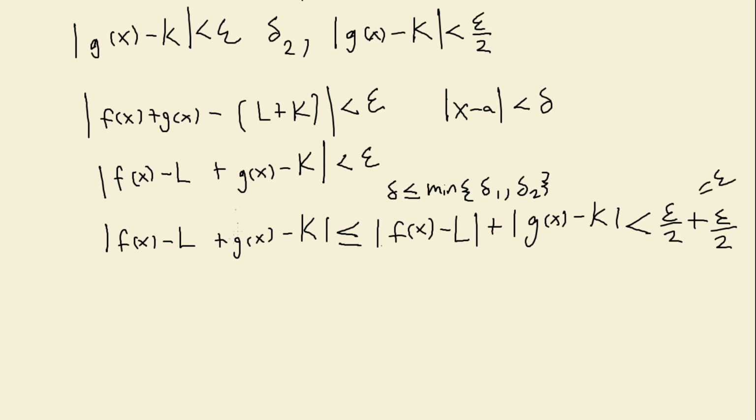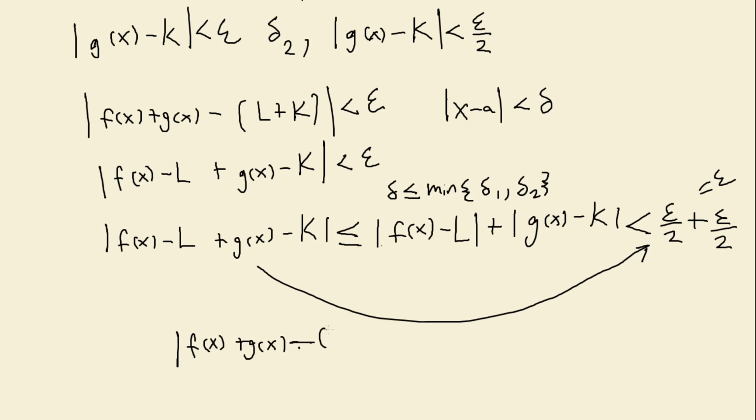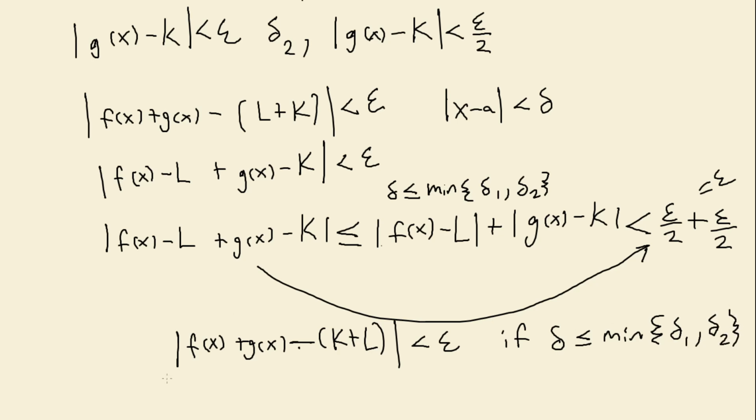And if this expression here is less than or equal to this, which is less than this, it's safe to say that this is going to be less than this. And therefore, we have that the absolute value of f of x plus g of x minus k plus L is going to be less than epsilon if delta is less than or equal to the min of our delta 1 and delta 2, which we discussed up there.